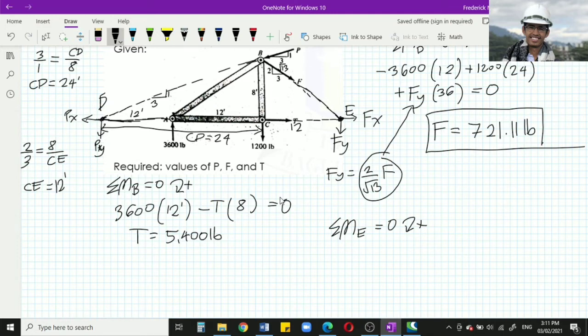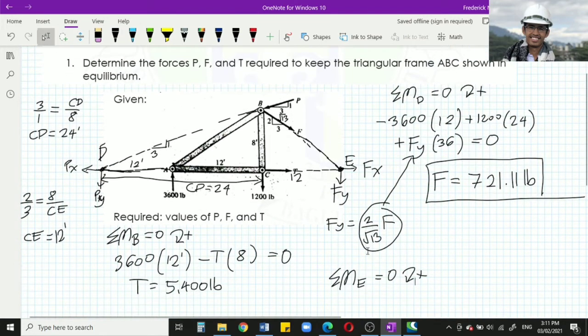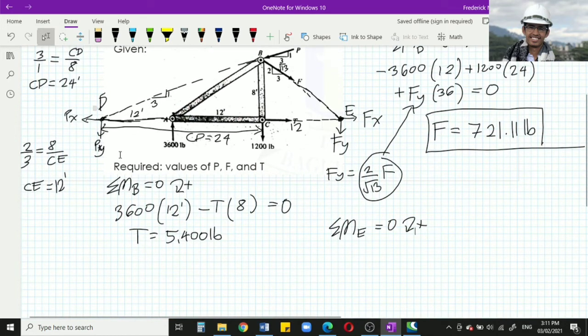So force P will be... Ano yung may moment natin sa force P? So kung diniretso natin yung line of action ng force P going dito sa point D, so ang magmo-moment na lang is yung ating PY. Okay? Naintindihan?